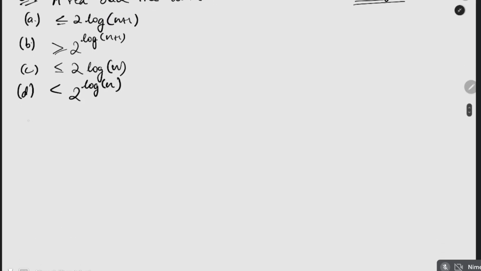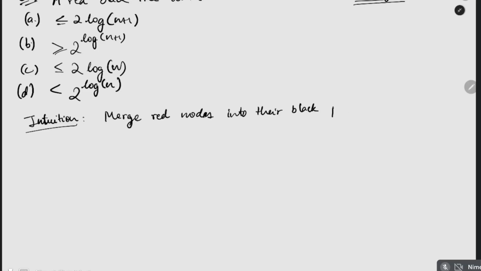So we start by how it was introduced in the lectures, that we start with the intuition that we merge red nodes into their black parents, right? So basically that gives us some idea of the height of the red black tree.